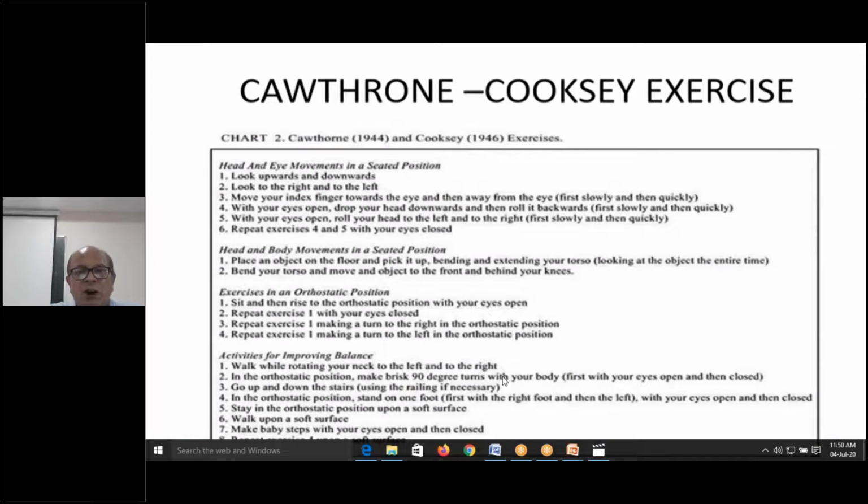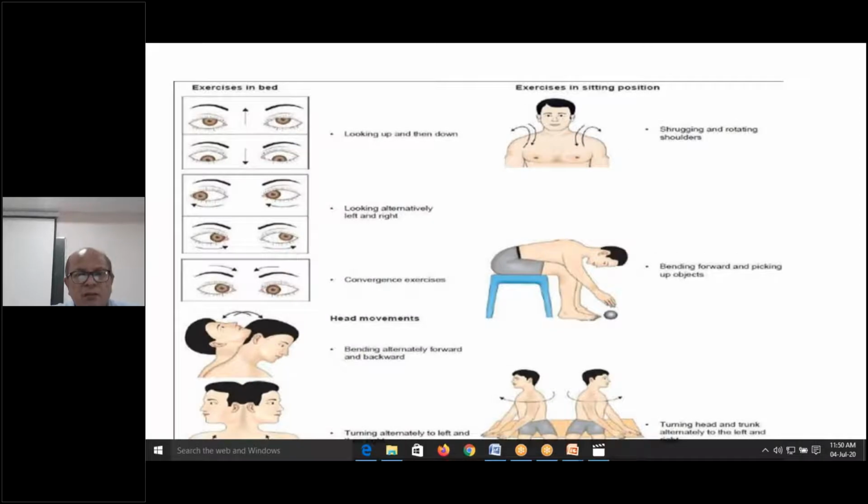Then the Cawthorne-Cooksey exercise, particularly for patients suffering from BPPV. Just remember this name, Cawthorne-Cooksey. If the patient is having severe vertigo, they are advised to do this in bed. Then if it improves, you can do first the eye movements, then the head movements, and then exercises sitting and gradually in standing posture.